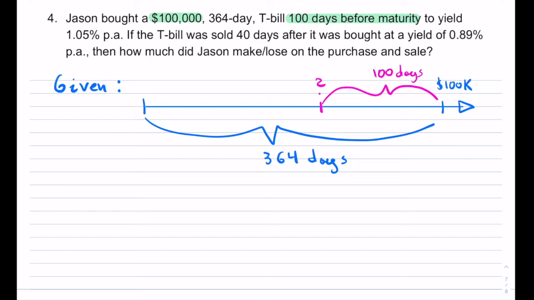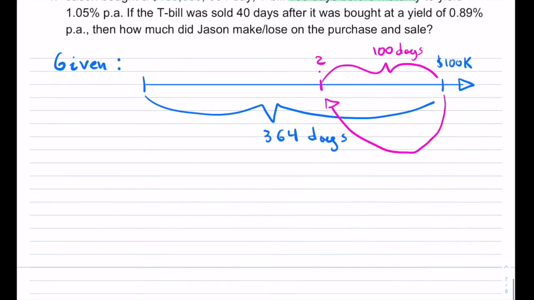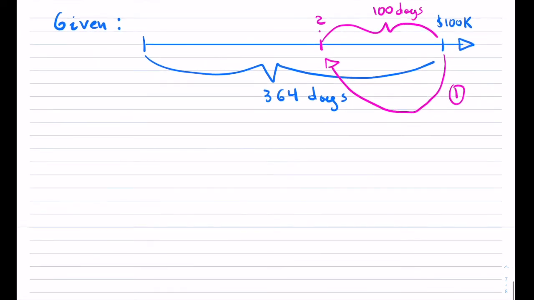Now, it doesn't tell us how much we bought it for, but it does tell us what the yield is. So we can certainly try to figure out what we bought this for. What we have to do is take the 100,000 and bring it back 100 days at a yield of 1.05% per annum, and it's simple interest. So let me do that first so that we can get a gauge on how much we actually bought this for.